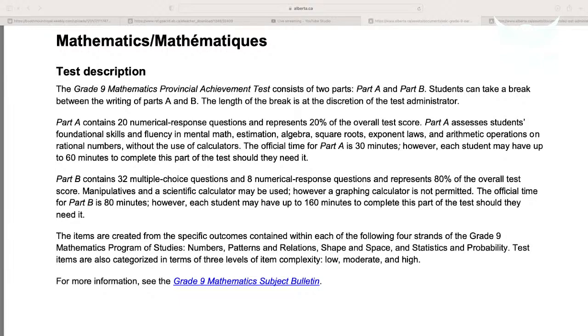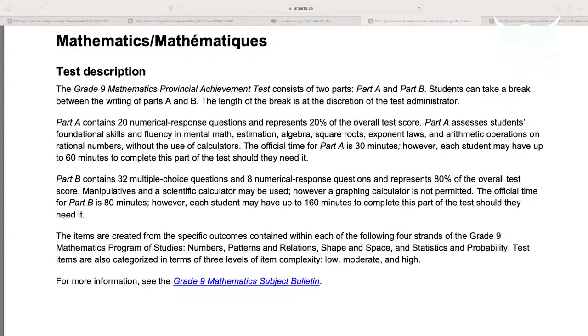It will be estimation, algebra, square roots, exponent laws. All these things you're supposed to know, right? Order of operations: brackets, exponents, division, multiplication, addition, subtraction. We will go over how to use exponent rules today as well. And Part B will be 32 multiple choice questions.